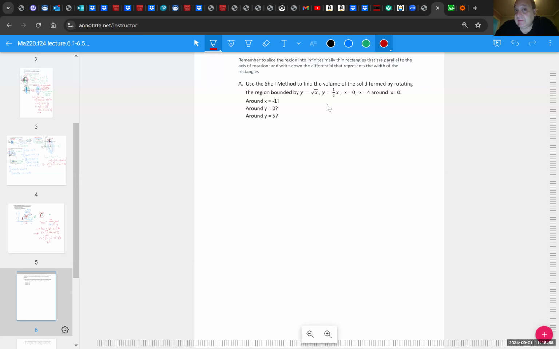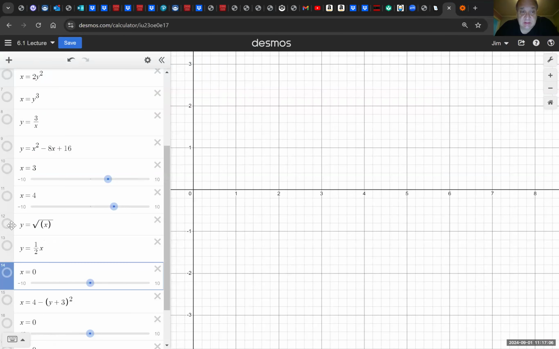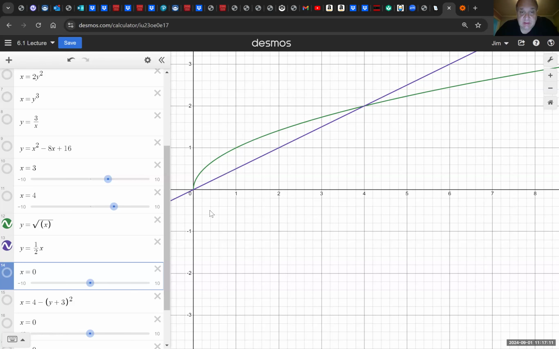All right, well, first of all, let's get a look at what this region looks like. I'm going to be using Desmos to graph these four functions. I've already typed them in. Here's the square root of x. Here's 1/2 x. You can see they make a little sliver of a shape. There's a 0, and there's 4.